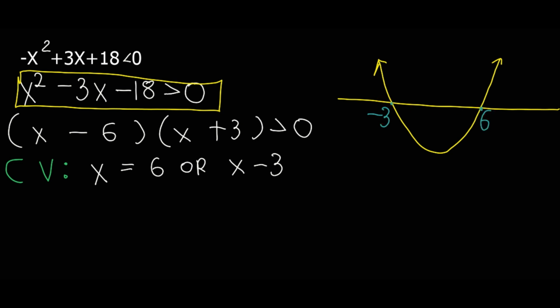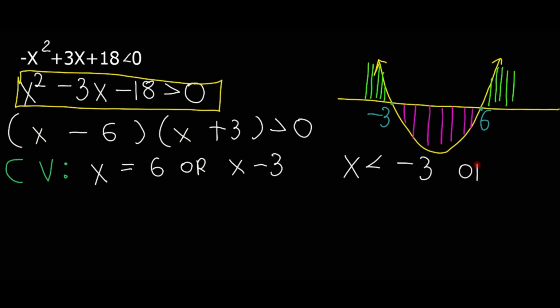So we look where our graph is greater than 0, meaning above the x-axis. Remember, we are using this expression after dividing by -1. So our graph is above the x-axis on this part, and below the x-axis in the middle. So solving our inequality, we say x is less than -3 or x is greater than 6.